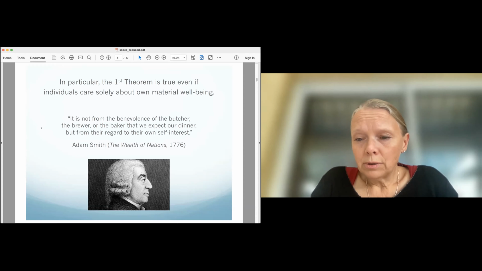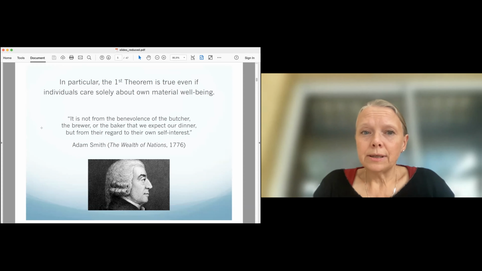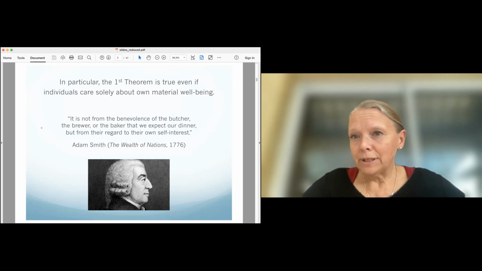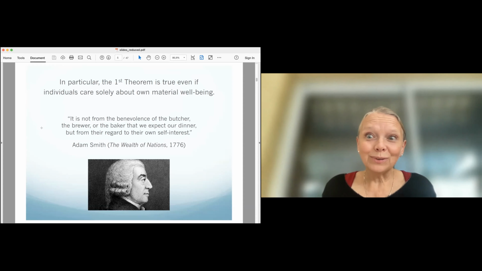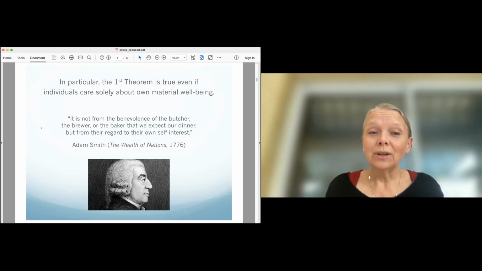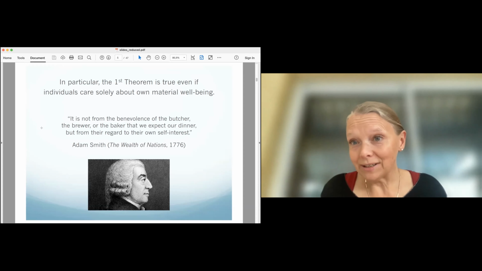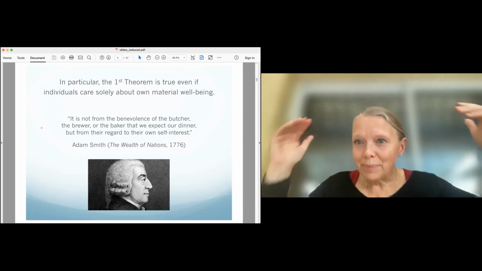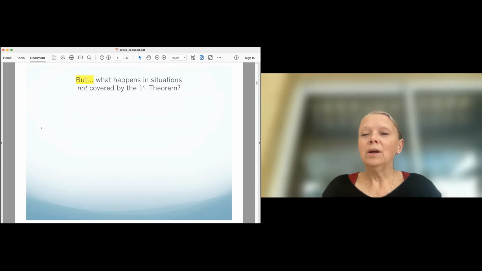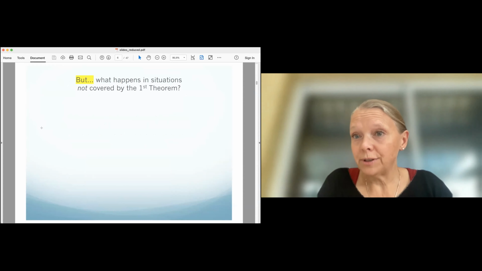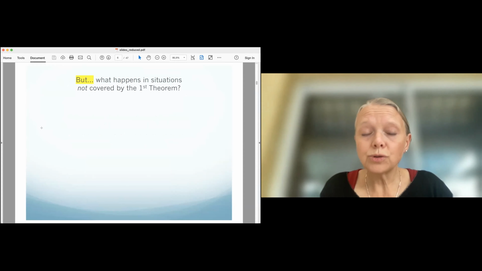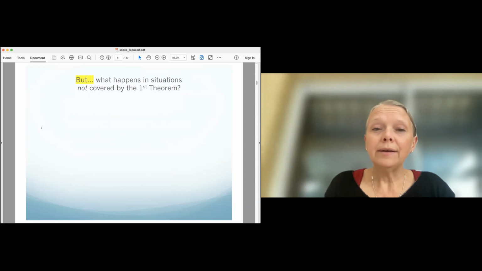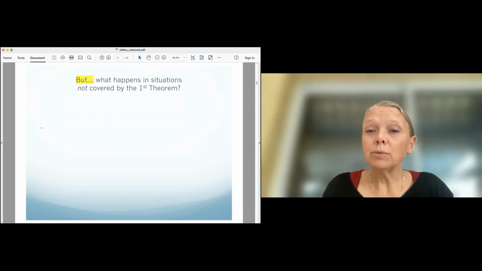However, we of course know that it is very hard to find examples of markets in the real world where these conditions are met. Nonetheless, it's a very useful benchmark. But what happens in situations that are not covered by the first theorem? We can think of a host of reasons why the first theorem would not apply.